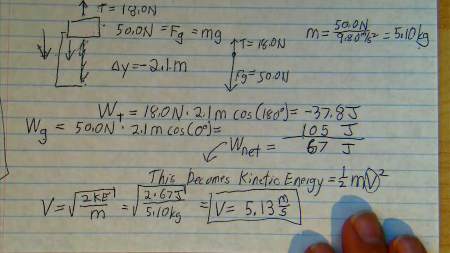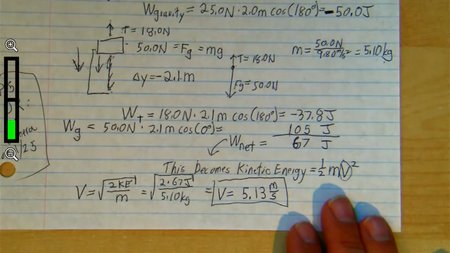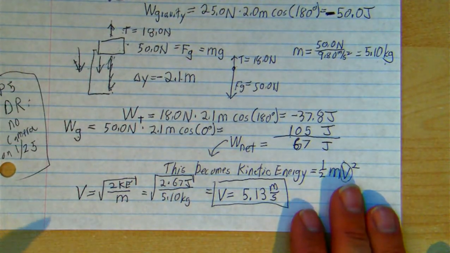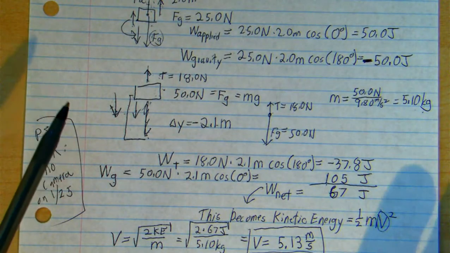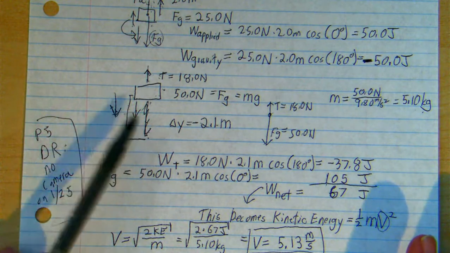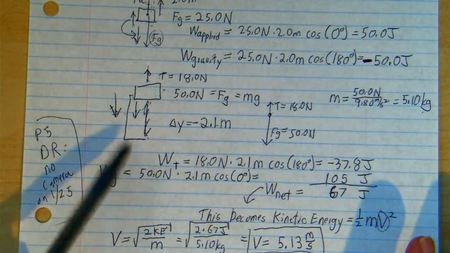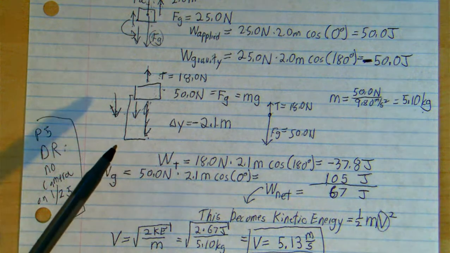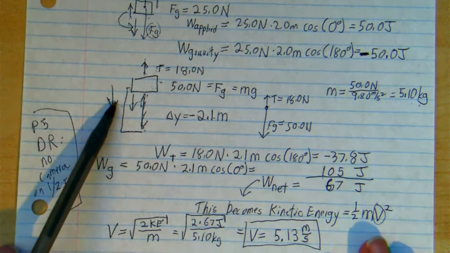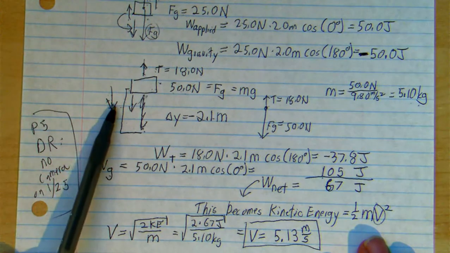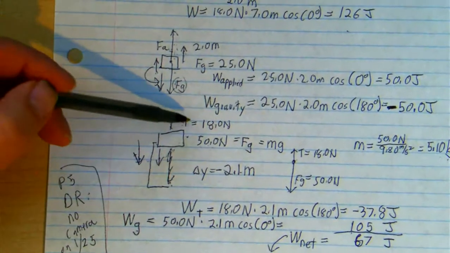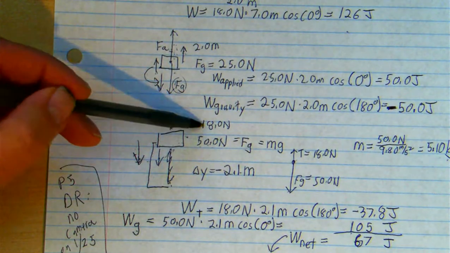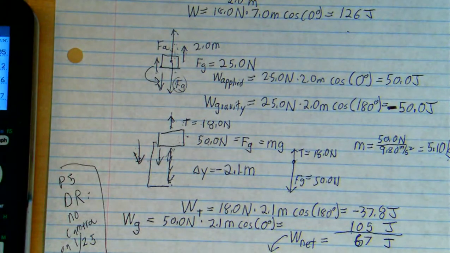If I had more class time, and I'm down to 1 minute, I sort of feel, gee, I would have loved to have solved this problem using Newton's laws of motion and the net force from the free body diagram and calculate the acceleration and use the kinematic equations of motion. I can't do that carefully in 1 minute. I can certainly do it at ludicrous speed in 1 minute and say, well, okay, look, 50 newtons minus 18 newtons is 32 newtons.